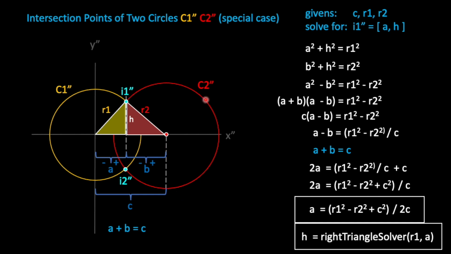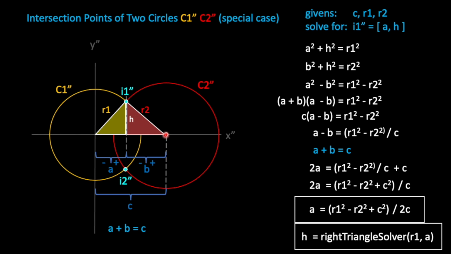And what'll happen if the intersection points are out here is that A will dominate the equation here. And so when you take C minus A, you'll get a negative for B. So in other words, we could have the coordinate of the intersection points out here, and then the complement or the remainder from C, which is B, will be a negative value, bringing it back to here.